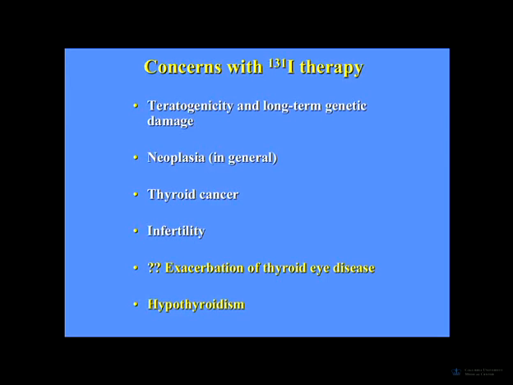Those with active eye disease. Some patients, if thioureas don't work out or the patient has some sort of an excess surgical risk, then we put the patient on long-term glucocorticoids after the radioactive iodine for several months to decrease the risk of flare of the eye disease.